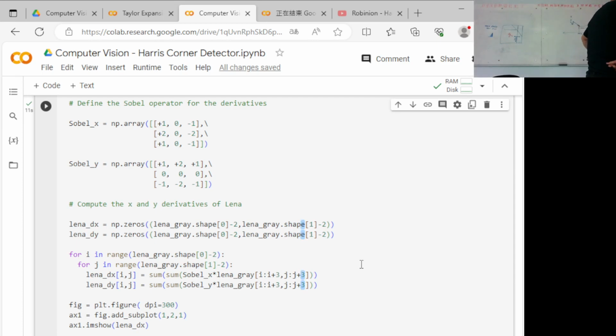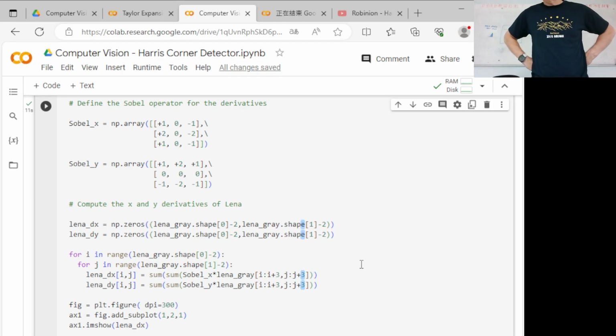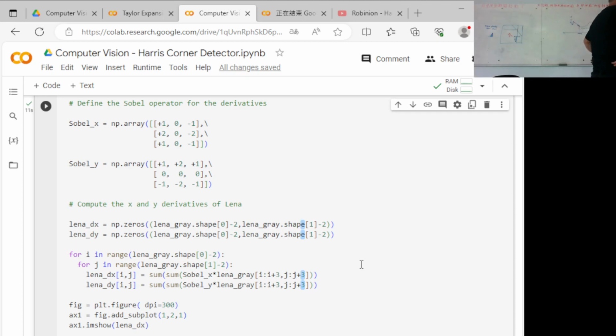So time your OpenCV Harris corner detector on any image that you want to process, and then see whether you would be able to maintain real-time performance, let's say at least 60 frames per second, still applying the Harris corner detector.